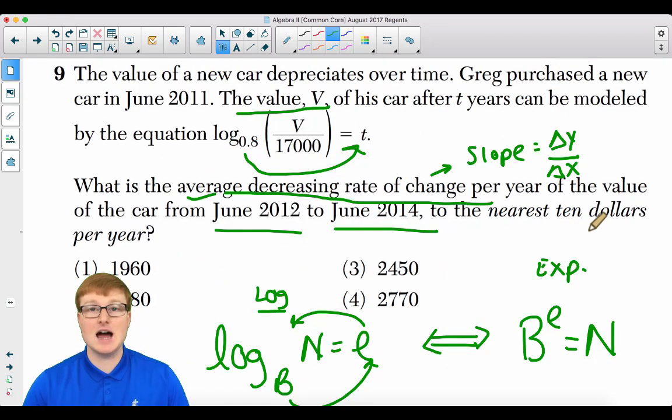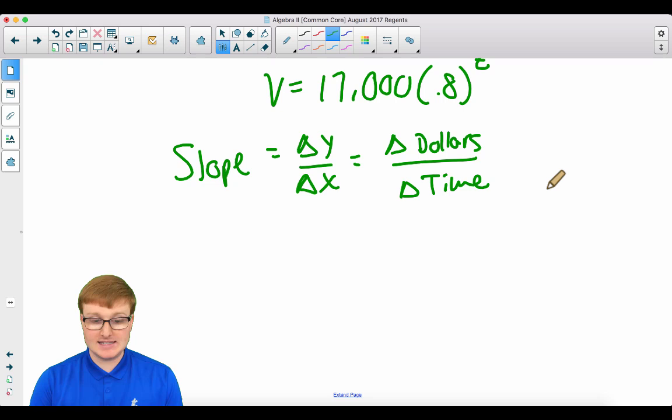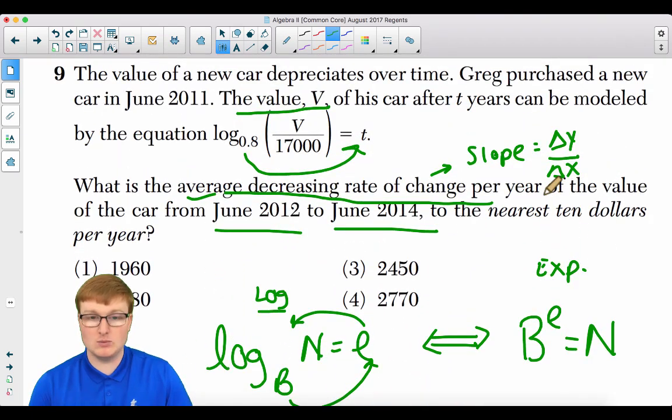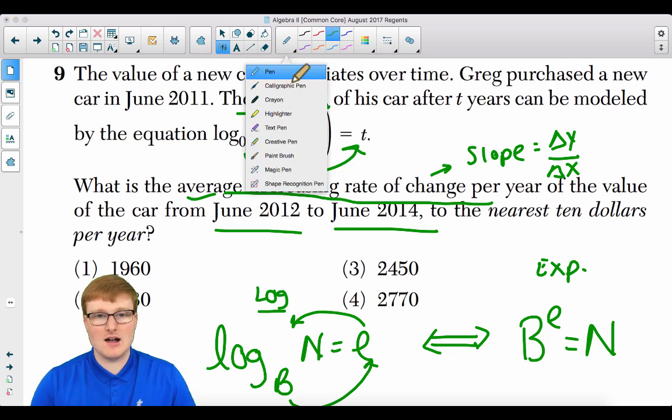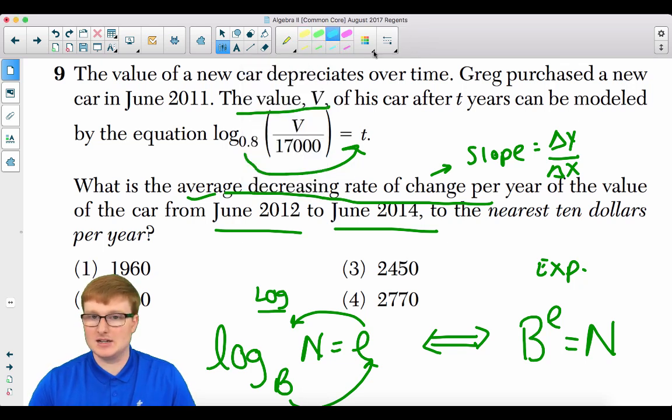To the nearest $10 per year. That per means divide by the amount of years. So let's go ahead and do that. It's saying from June 2012 to 2014. Well, how many years is that in terms of the context of the problem? This is where it gets tricky. Look at what it's saying here. Greg purchased the car in June 2011.